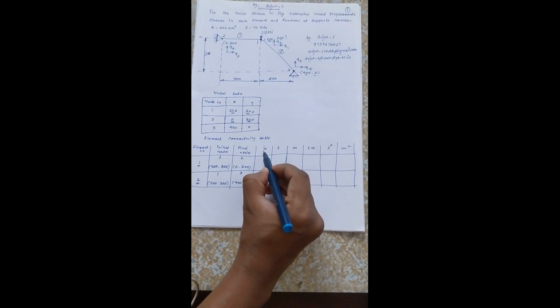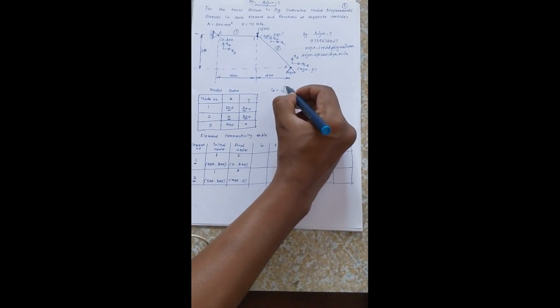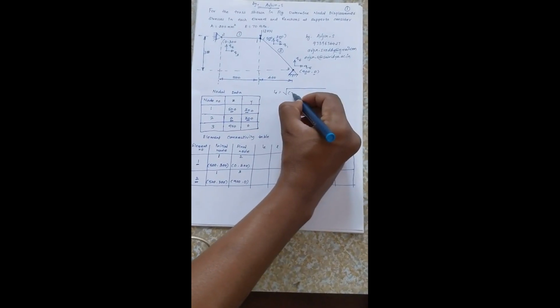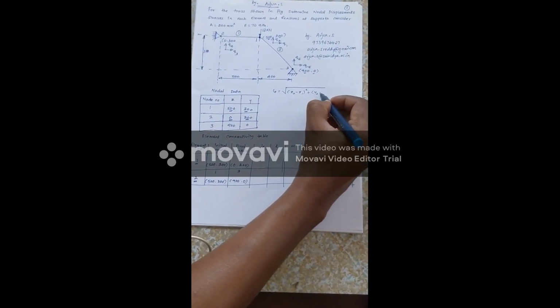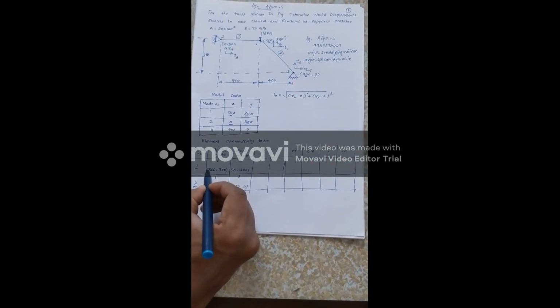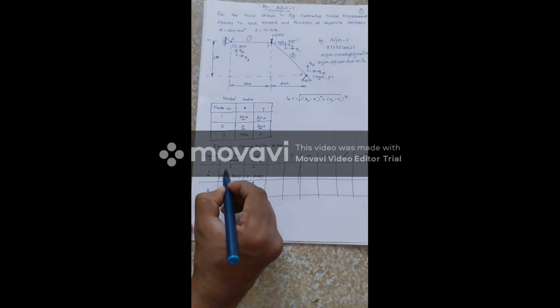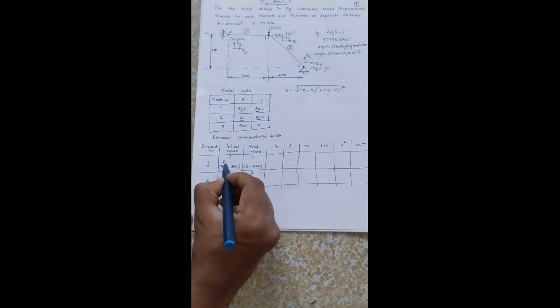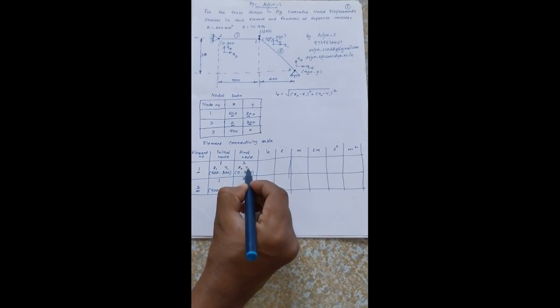In order to find the length of the element, the formula used is the square root of x2 minus x1 whole square plus y2 minus y1 whole square. Now if we consider element 1, you can treat this as x1, y1, x2, y2.